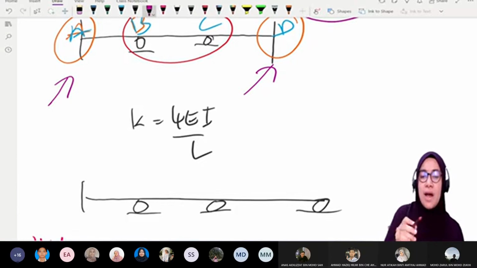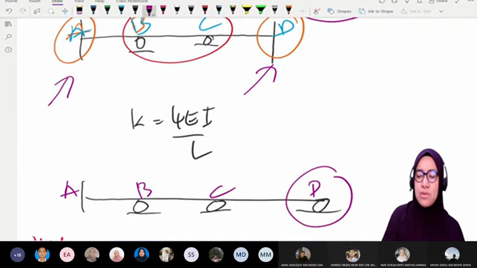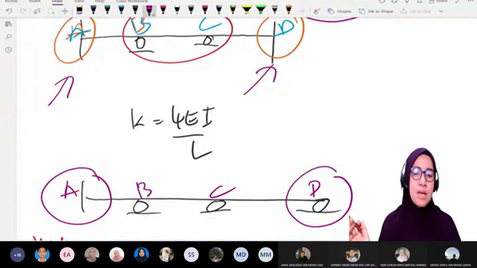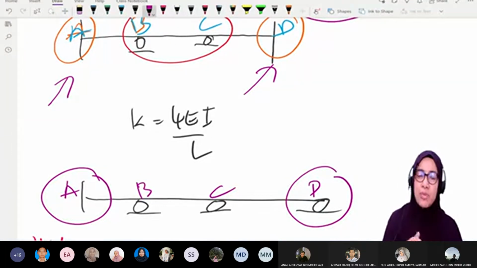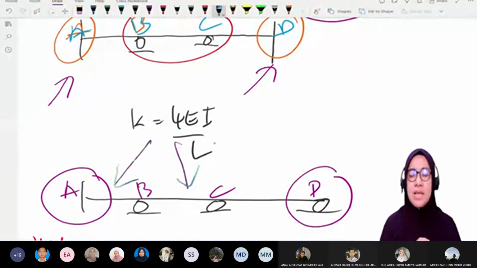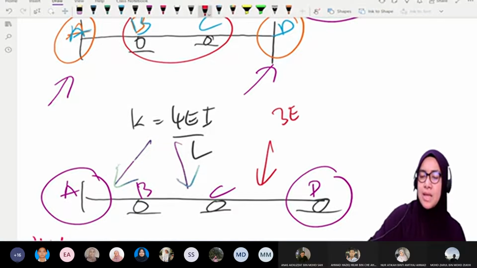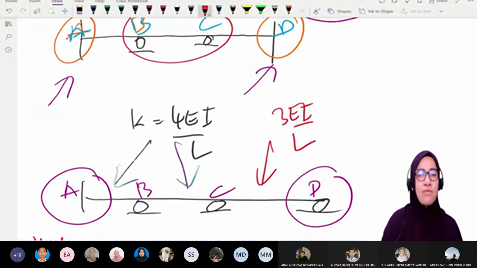Far end in this case refers to D and A. So KAB we use 4EI over L. KBC we use 4EI over L. But KCD we don't use 4EI because far end pin or roller, the formula is 3EI over L.